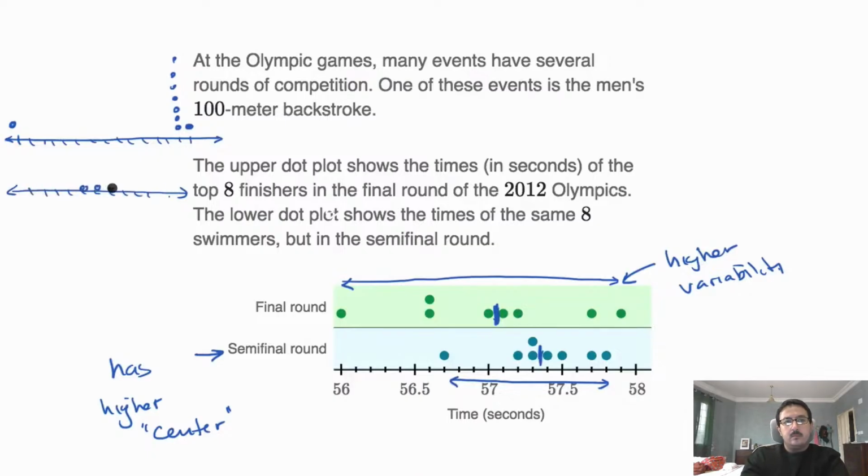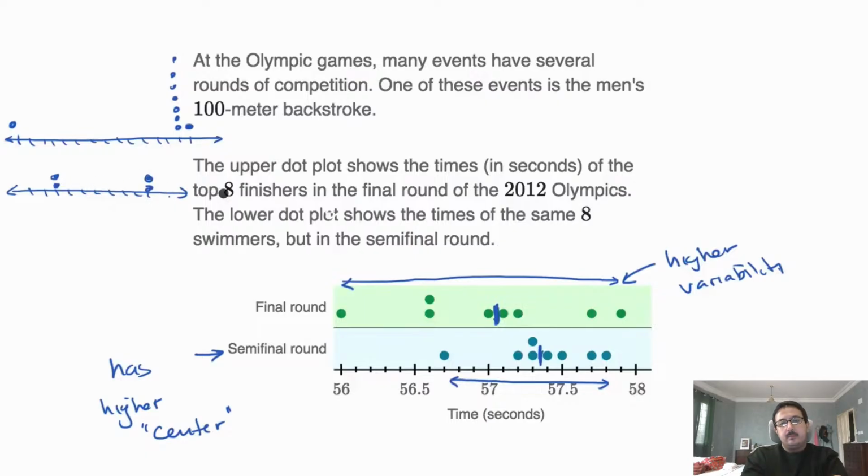A distribution like this has a lower range, but actually might have a higher standard deviation than the one above it. In fact, I can make that even better. A distribution like this would have a lower range, but it would also have a higher standard deviation.